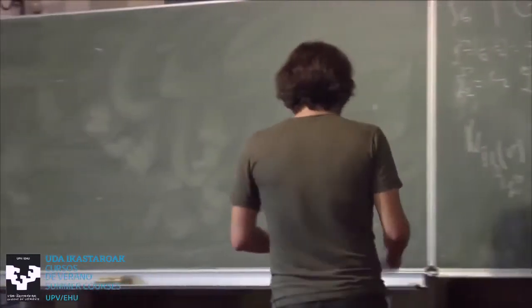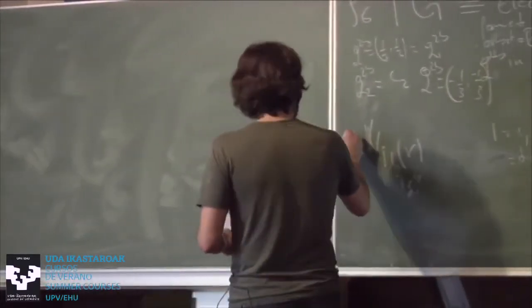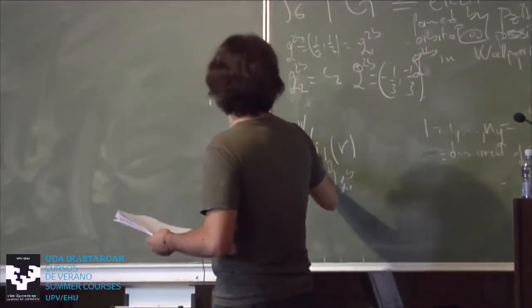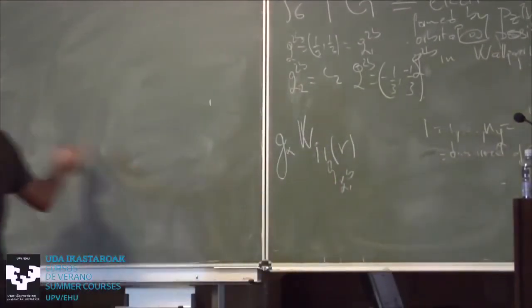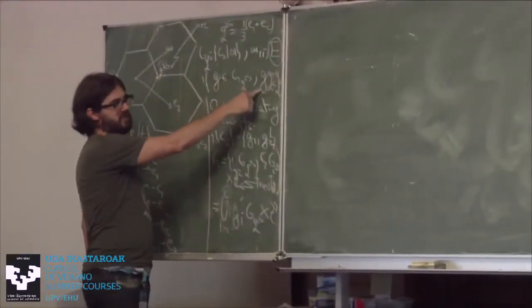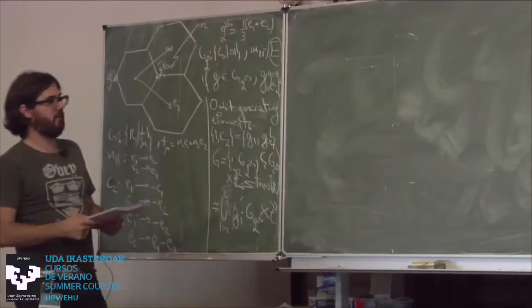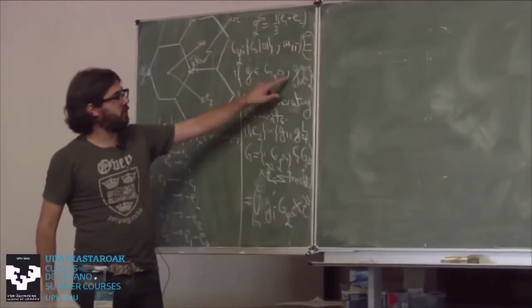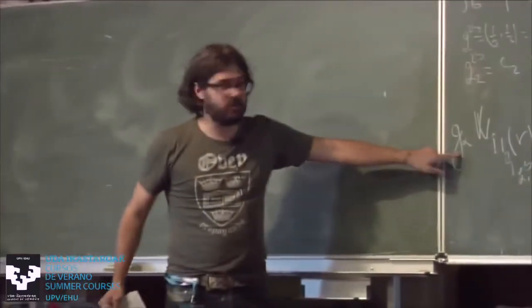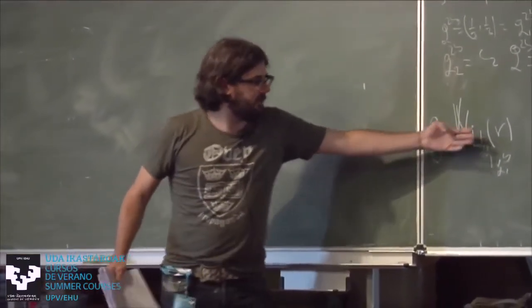Okay? So if I act with an element in the coset representative of this group, which means an element that's not in G alpha, well, if it's the identity, it just gives me itself.